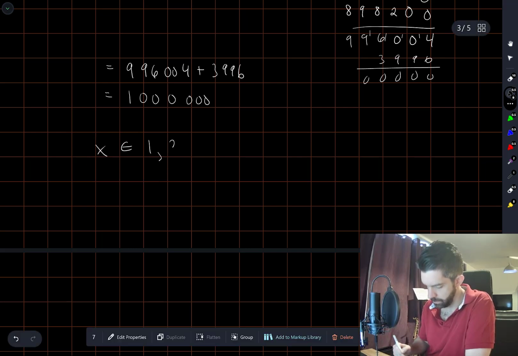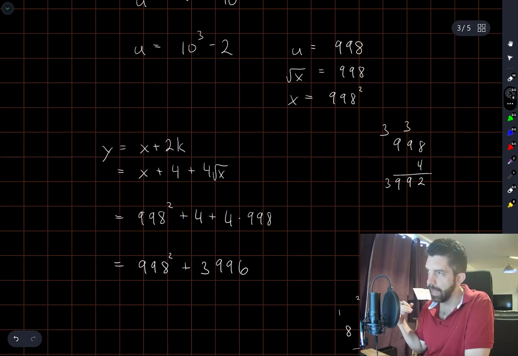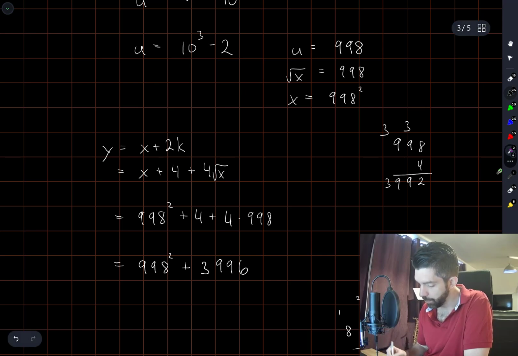Oh, does x have to be a perfect square? Yeah. So the square root of x can be from 1 to 997. So we're looking for all the perfect squares. I mean, the answer is 997, right?